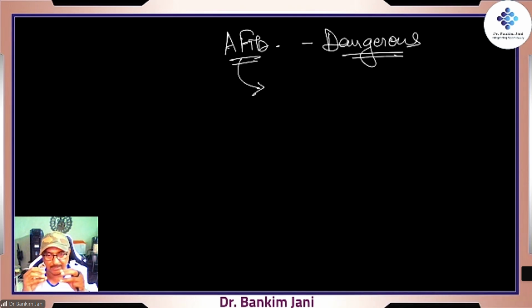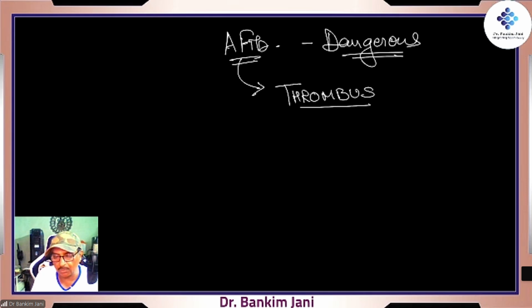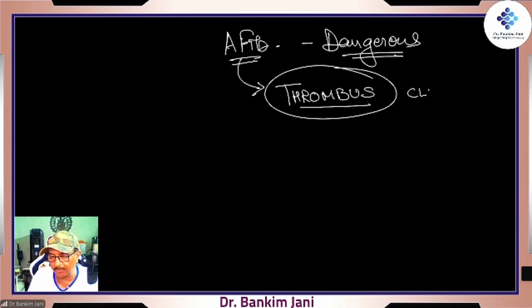Thus there would be formation of a thrombus, a blood clot. Clot is formed, and that clot will remain in that atria. But if a part of that clot breaks, that is called embolism.